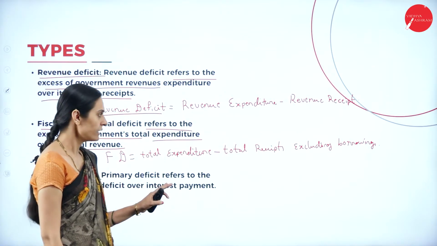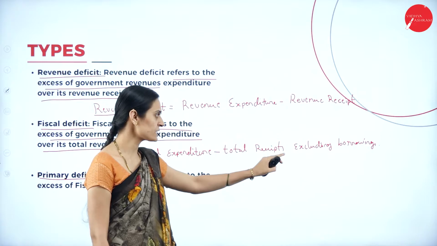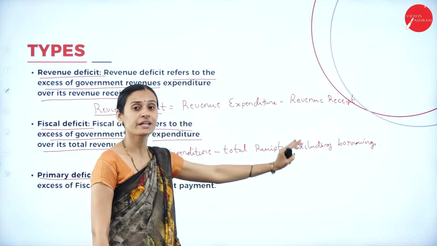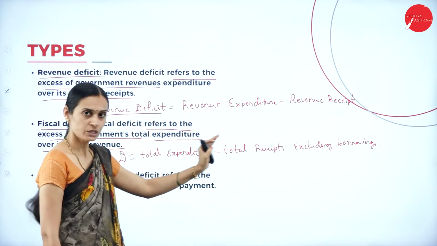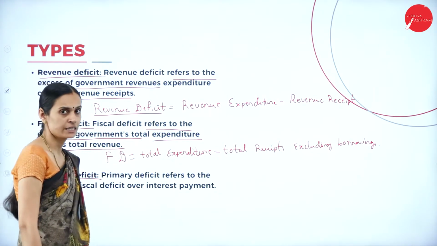Or you can write it as total expenditure minus revenue receipts plus non-debt receipts. So these are the important factors to consider under fiscal deficit.